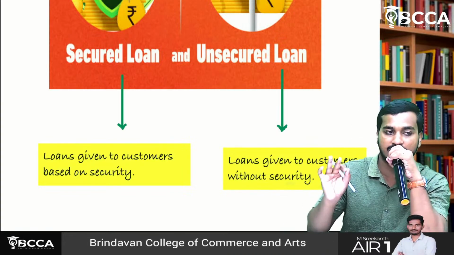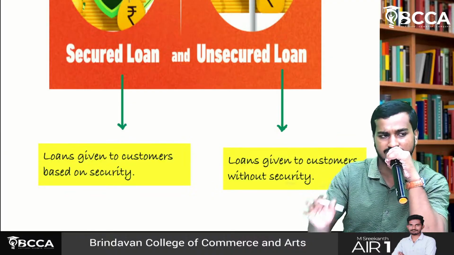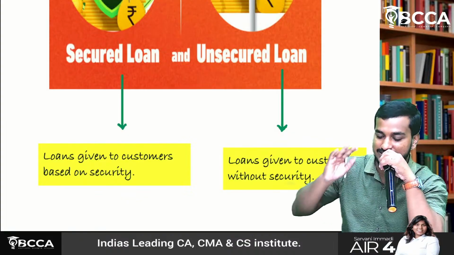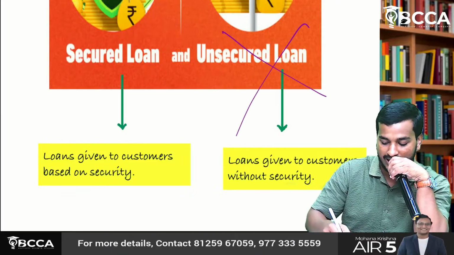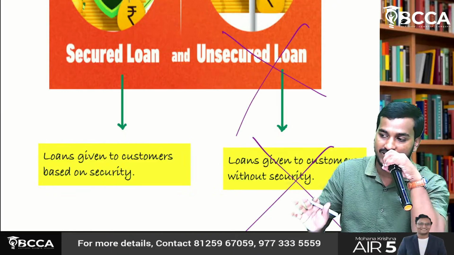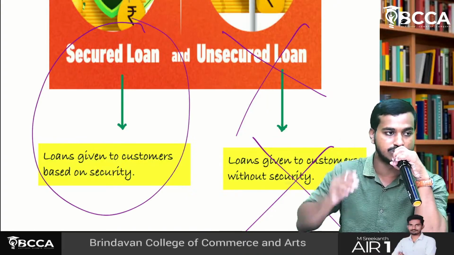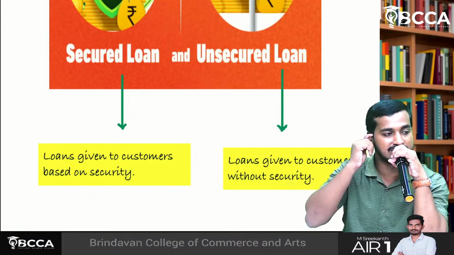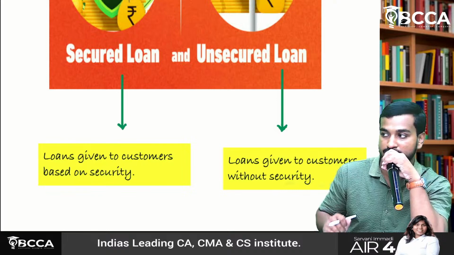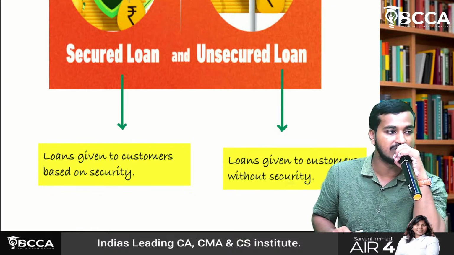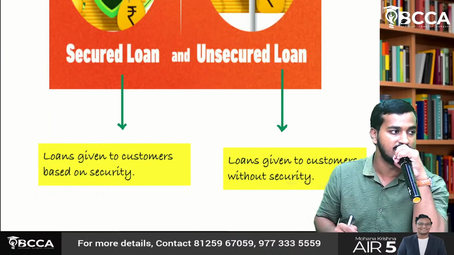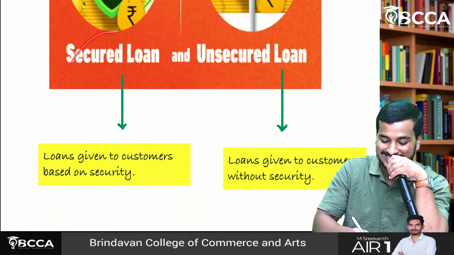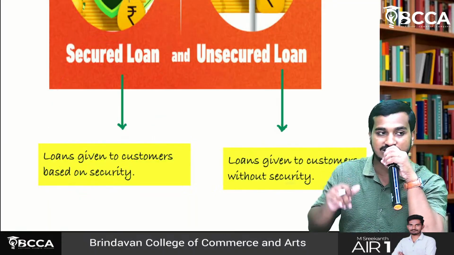If you need any kind of loan, you have to give some asset as security. For our academic purpose, please remember one point: there are no unsecured loans. I will always discuss only secured loans. But in practicality, there are some personal loans which they will give you without security, based upon your pay slip, your salary, your bank balance or your status. But in academic purpose, there are only secured loans.